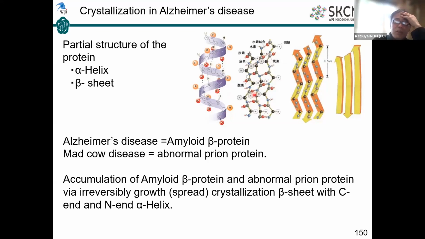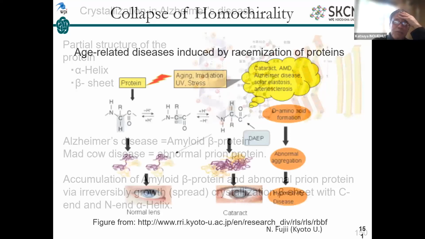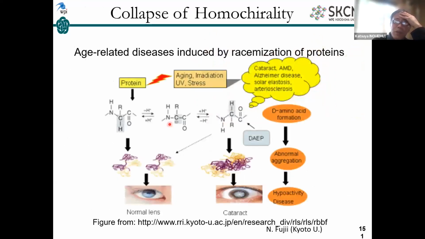The other case, which our colleague already found, is cataract, which is also similar. One of the proteins in the eye has some amino acid that can racemize at our body temperature, and it racemizes over time. This corresponds to age.